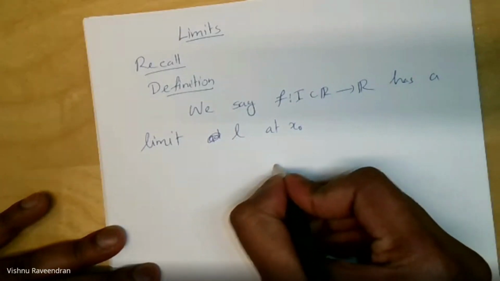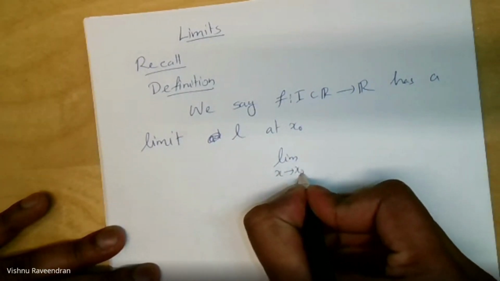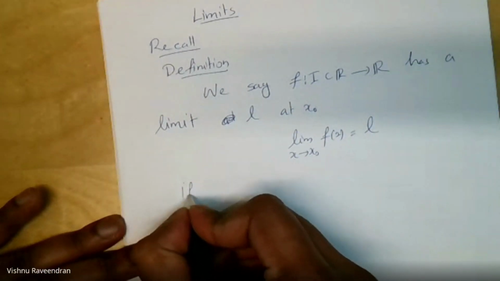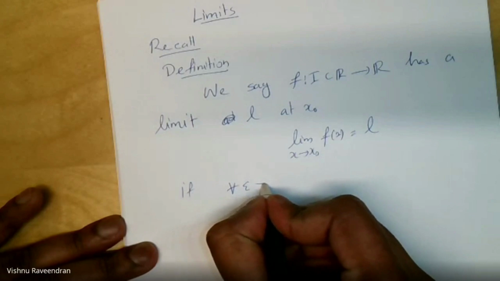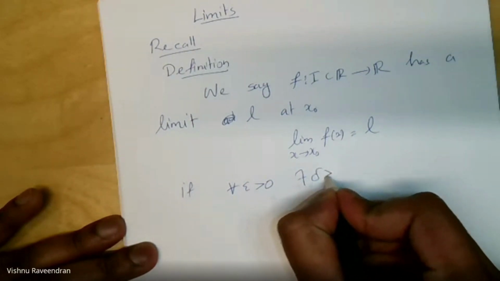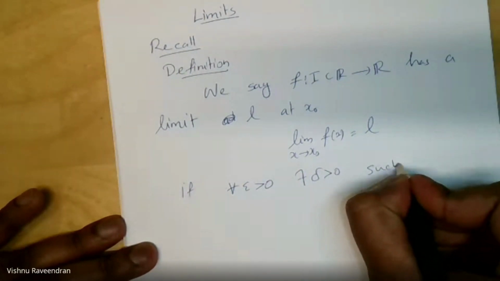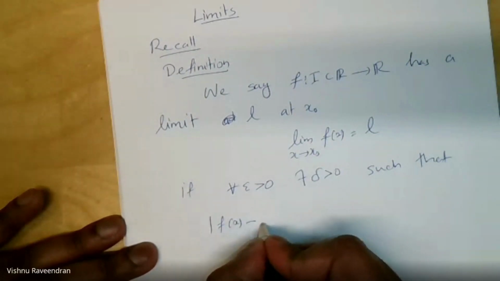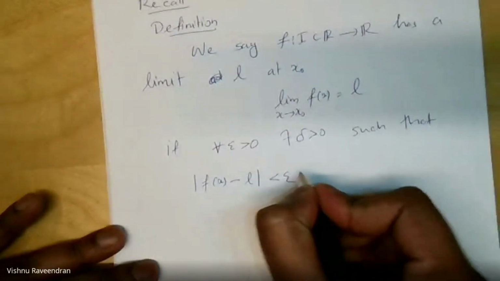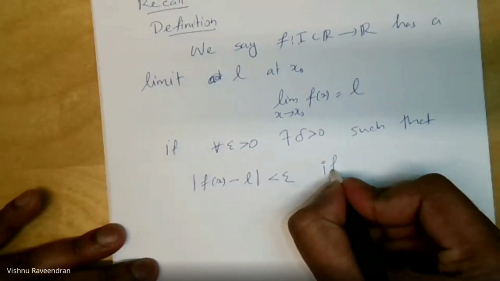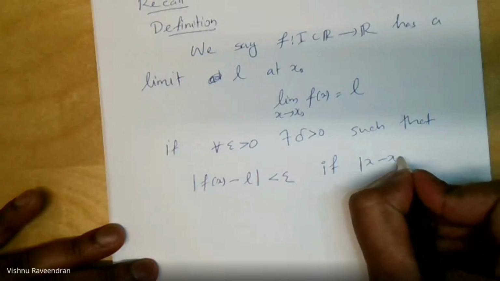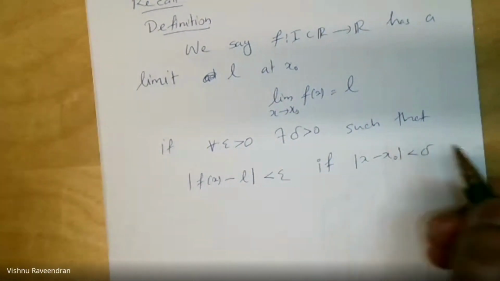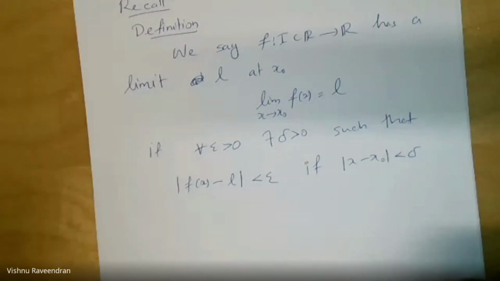We represent limit x going to x naught f of x equal to L if for every epsilon greater than 0 there exists a delta greater than 0 such that |f of x minus L| less than epsilon if |x minus x naught| less than delta. So this is the definition.